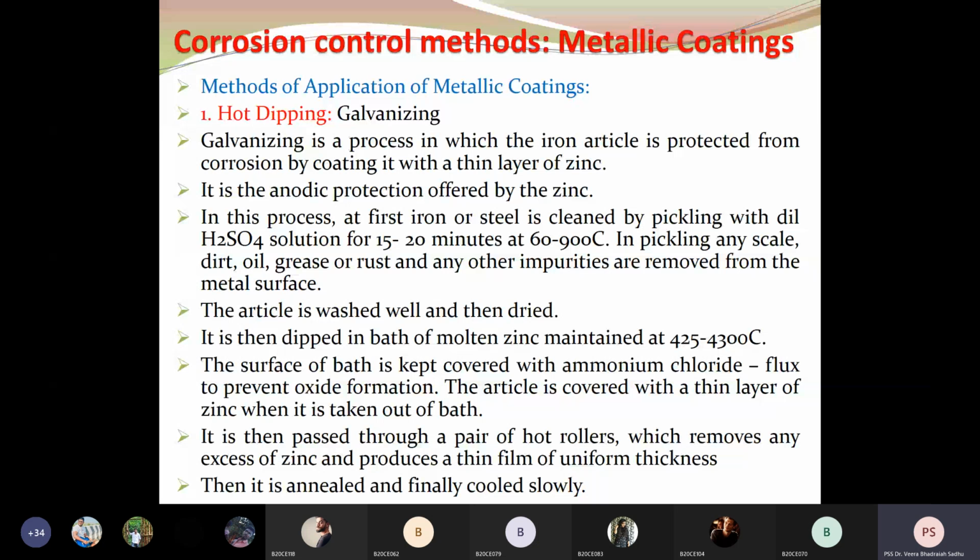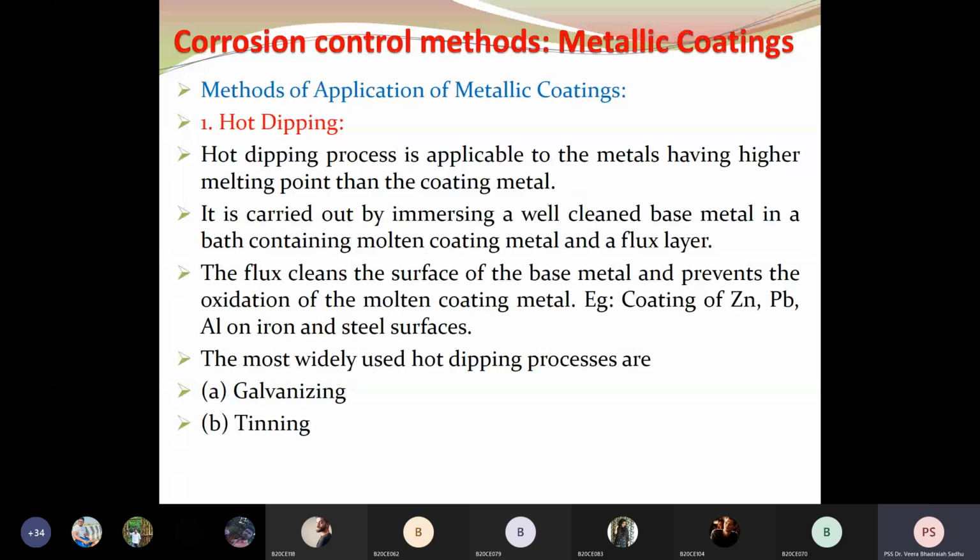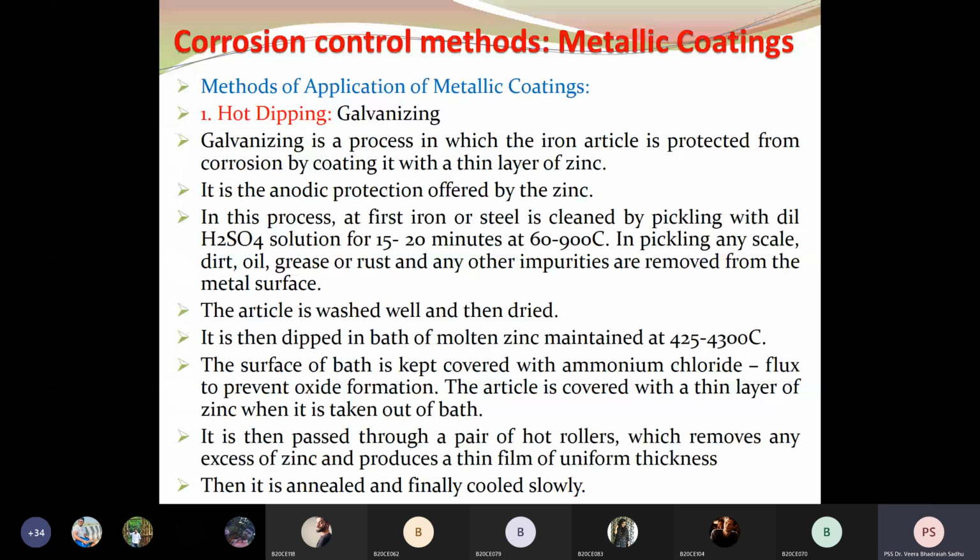So there are two types of hot dipping methods: galvanizing and tinning. So this is galvanizing. This is the typical process of hot dipping.